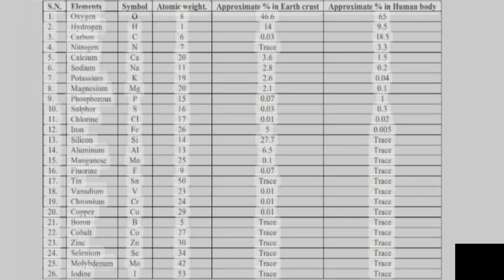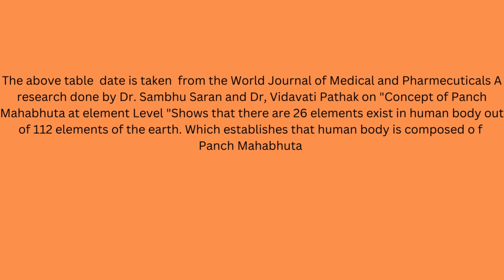The data in the table is taken from the World Journal of Medical and Pharmaceutical, a research done by Dr. Shambhu and Dr. Vidyavati on the concept of Pancha Mahabhuta at element level. It shows that there are 26 elements existing in the human body out of 112 elements of the earth, which establishes that the human body is composed of Pancha Mahabhuta.